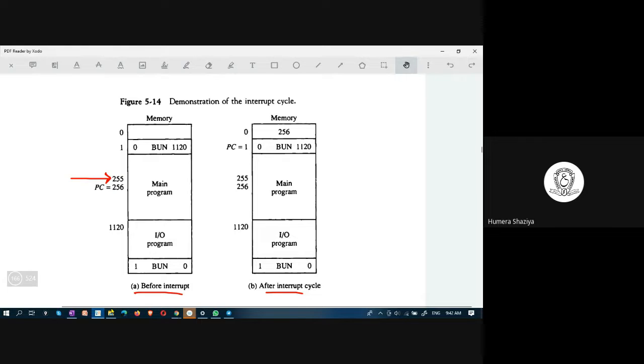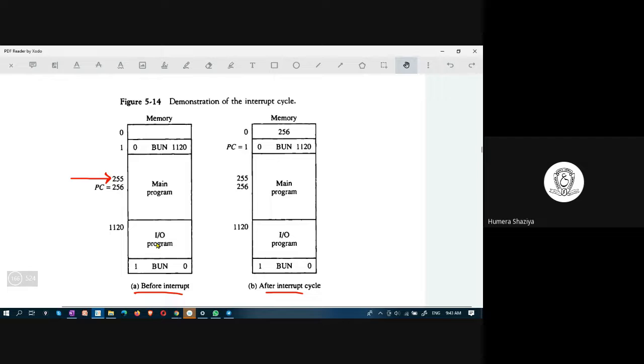And the last instruction in this IO program is mode bit 1, branch unconditionally, address is 0. The zeroth address is empty. And the first address has an instruction whose mode bit is 0, whose opcode is BUN, branch unconditionally, and whose address is 1120. Did you understand this configuration, students? This is before interrupt. Yes, ma'am.